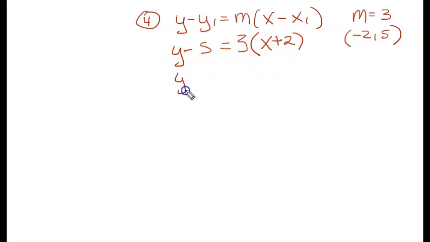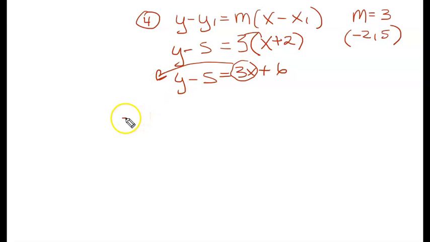We get y minus 5 equals 3x plus 6. Now we need to bring our x term over to this side, and that will become a -3x plus y. And we bring our 5 over to this side as a -5 is a +5, and that then becomes 11.